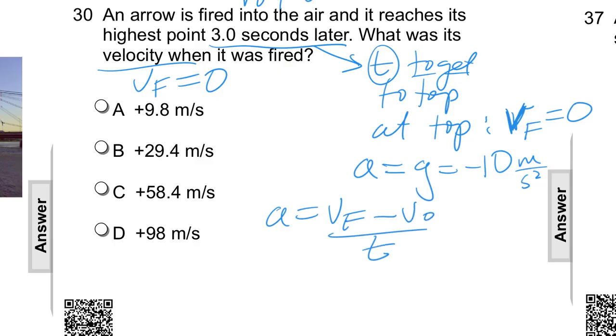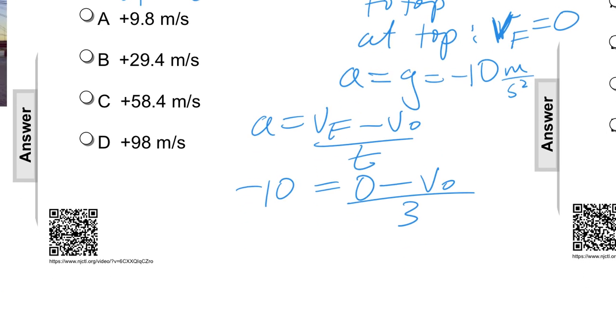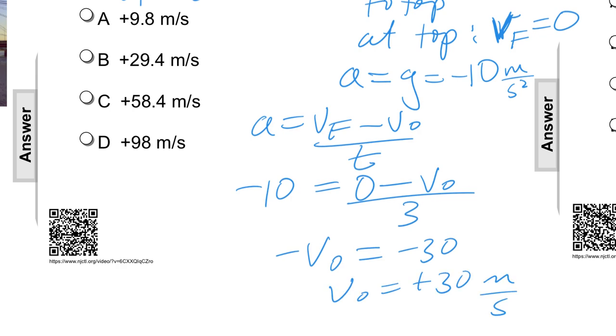I use a simple acceleration equation. So acceleration is negative 10 equals VF, 0, minus VO over 3 seconds it took to get to the top. So negative VO equals negative 30. So VO equals positive 30 meters per second.